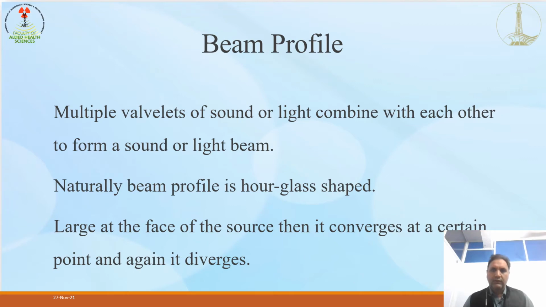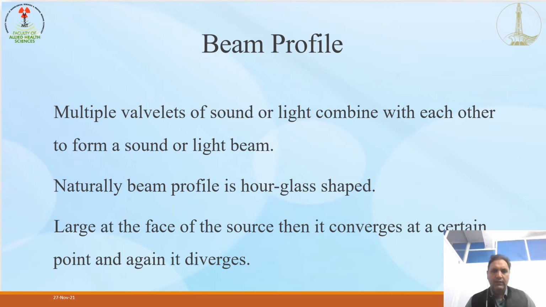Here I'm going to talk about the beam profile. When we are dealing with ultrasound, we often talk about the beam profile. Naturally, the beam profile is hourglass shaped. It's not uniform in space.